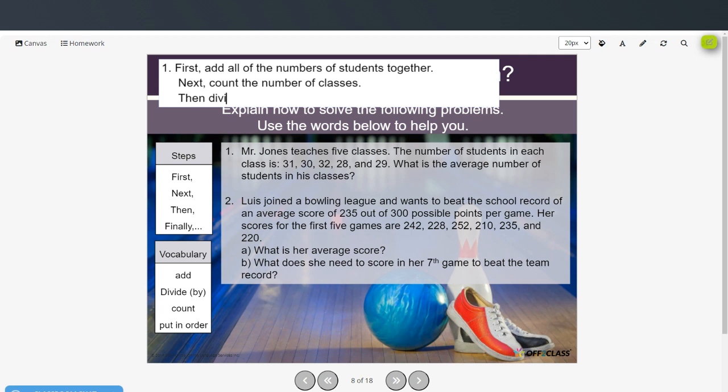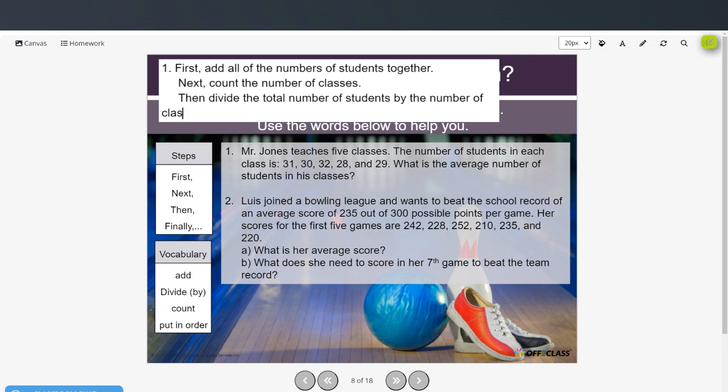Then divide the total number of students by the number of classes. And then finally that would give you the average. So if we wanted to actually figure this out, you would add 31, 30, you would add these numbers together, then divide them by 5, because there are 5 classes, and that would give you the average.